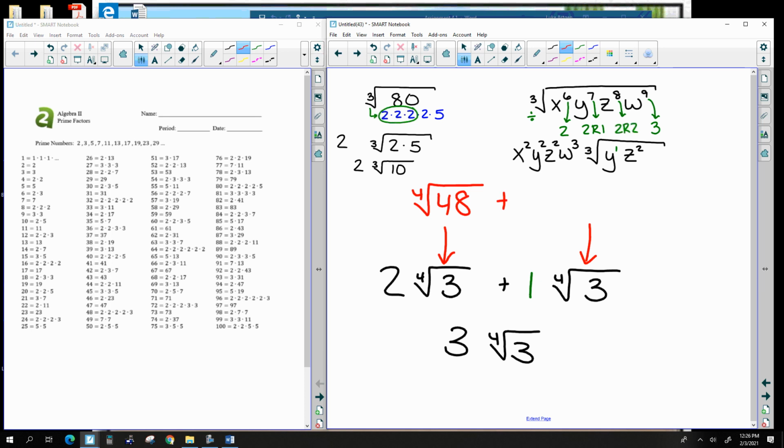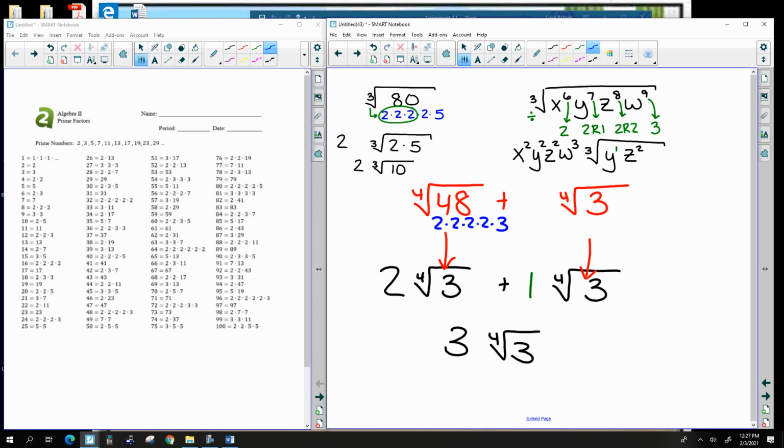And so what your original problem might look like is something like I have written in red. On first investigation, oh no, I can't do that problem. The roots are not the same. But if I take a look at it a little more closely, I see that the number 48 is 2 times 2 times 2 times 2 times 3.